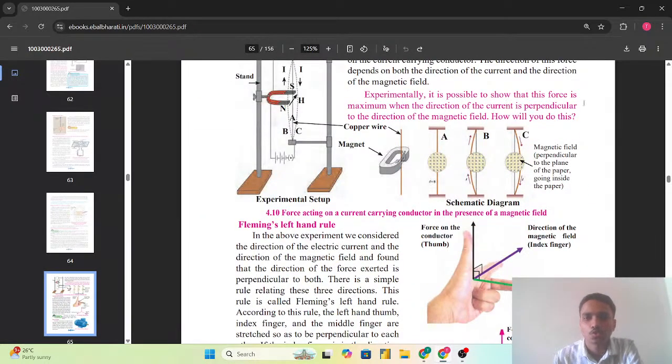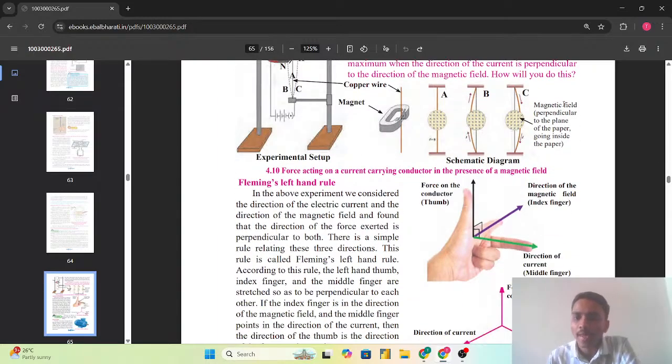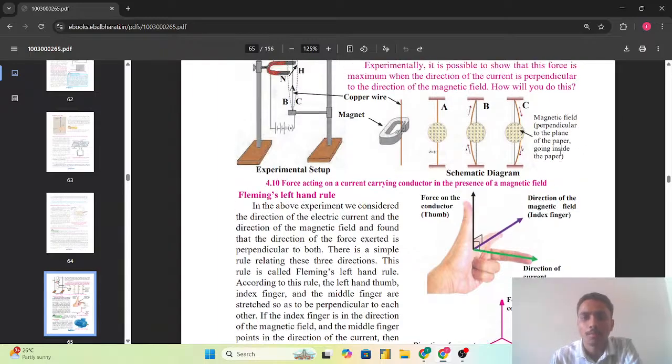Experimentally, it is possible to show that this force is maximum when the direction of the current is perpendicular to the direction of the magnetic field. How will you do this? Magnetic field perpendicular to the plane of the paper going inside the paper.